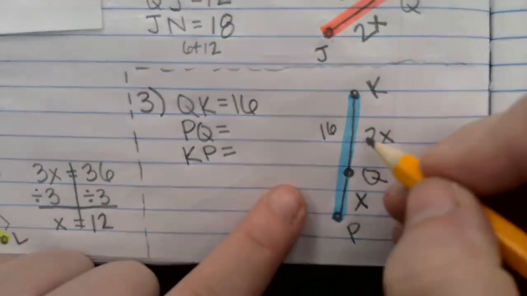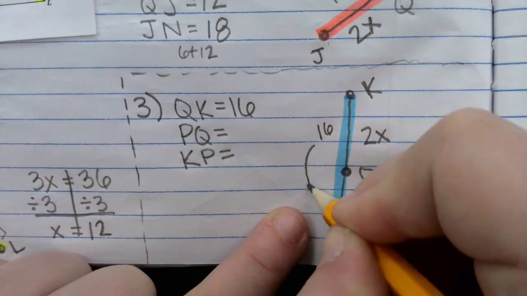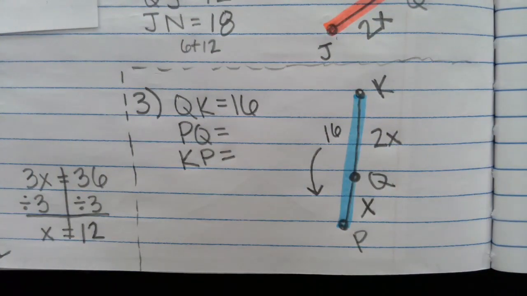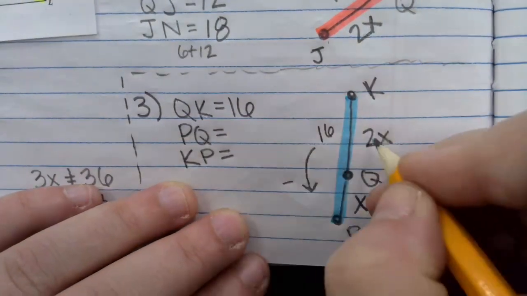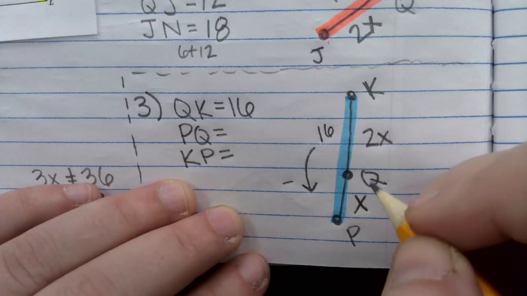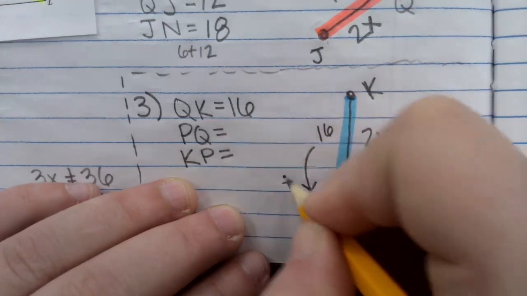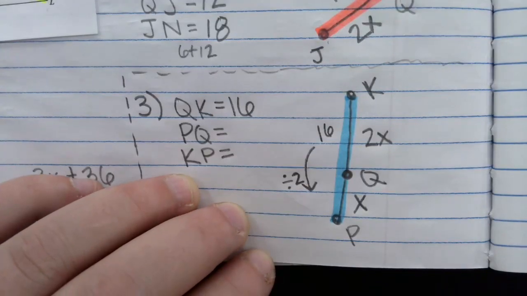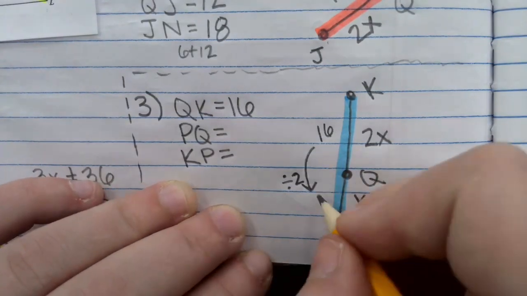So how would I go from 2X back to X? It's multiply by 2, so it's the opposite of multiply. Divide, yep, so divide by 2. So 16 divided by 2, 8.